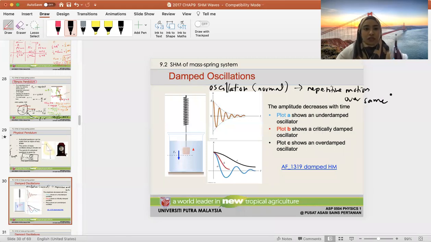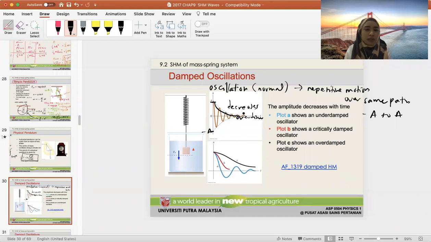It does not change in amplitude, because you basically oscillate from negative A to A, negative A to A, over the same path. This is your normal oscillation. In damped oscillation, this is your A, negative A to A, and it decreases over time. It becomes smaller and smaller and smaller. So that is damped oscillation.